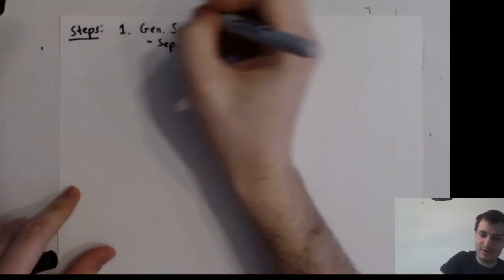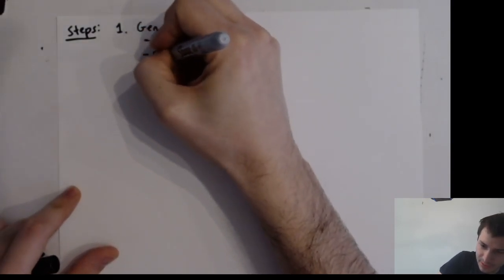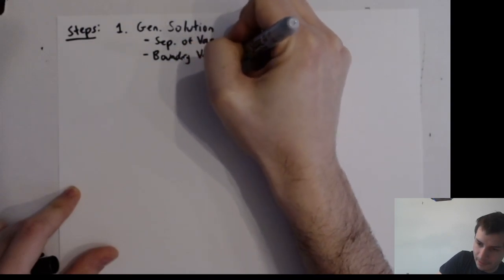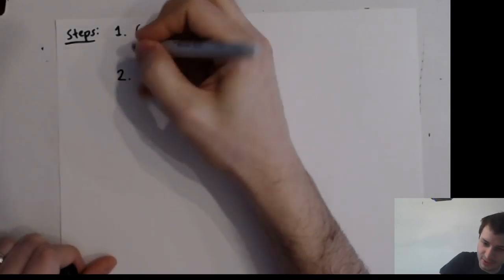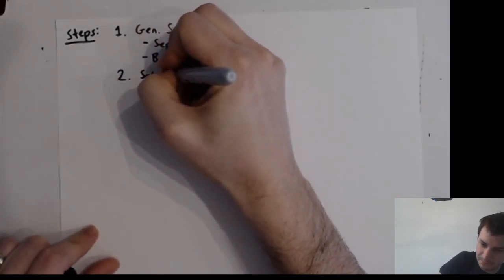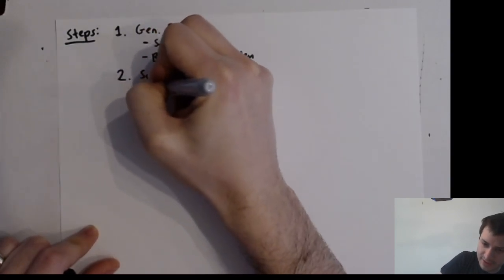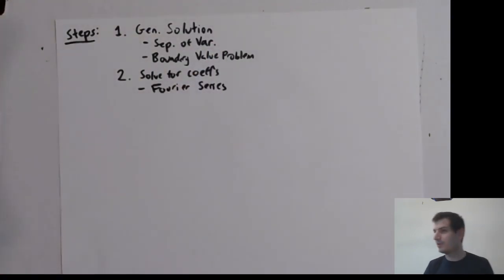That was the first kind of thing you got to do. This is going to involve a boundary value problem. And the second step is solve for the coefficients, and this is going to be a Fourier series type thing. So that's what we're going to do.